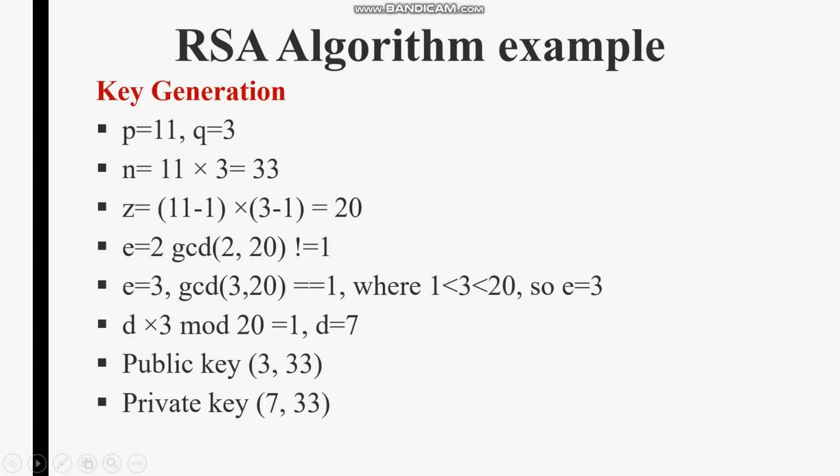So you multiply 3 with something in such a way that when this number is divided by 20, if you get 1 as the remainder, then that becomes your D.